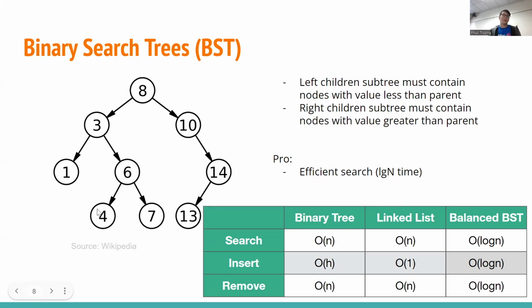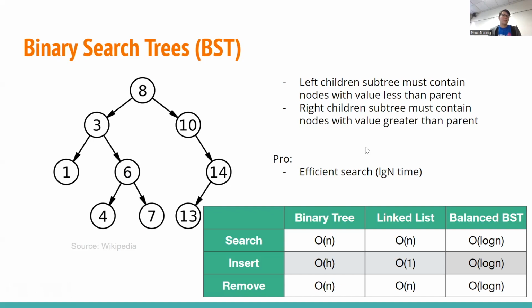So the left child has to be less than the current parent, the right child has to be bigger. For number 8, the left child is less, 3 is less than 8, 10 is more than 8 because it's on the right, and it has to be the same for all the left subtrees as well. So if you have a 9 here or under any tree of 3, it's not going to be considered a binary search tree.